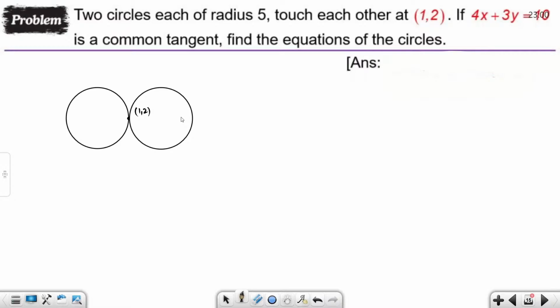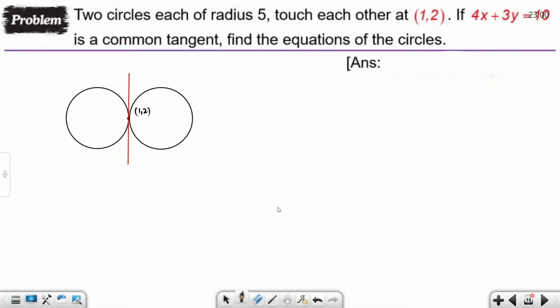Therefore, the common tangent is not the direct common tangent. They are actually talking about the transverse common tangent, which is passing through the point 1, 2, right? This is my common tangent. Now, the question is, we have to find the equations of these two circles. How to do this sum?